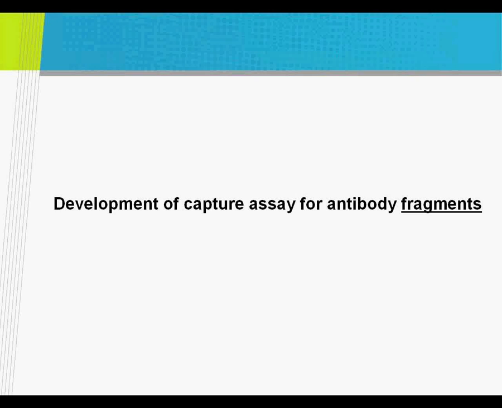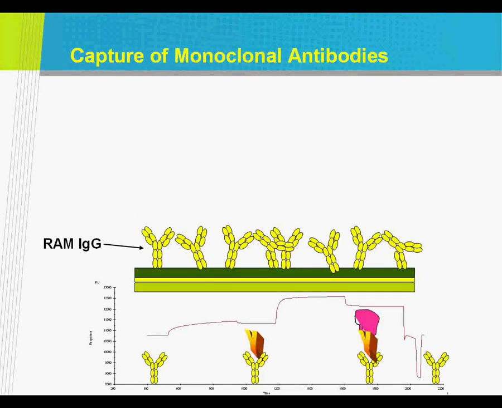In this case, I've got a cartoon showing how the capture works in SPR instruments. What I've got here is that we've immobilized polyclonal rabbit anti-mouse antibodies using covalent coupling onto the chip.